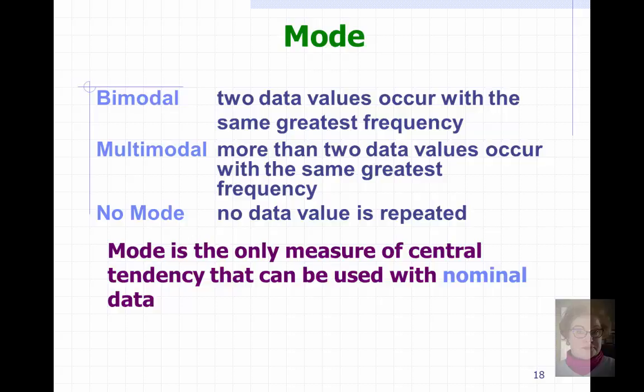The mode is the only measure of central tendency that can be used with nominal data. So if we were looking for eye color, or we were looking at our M&Ms, the color that happened most often is the mode, and that's really the only measure of central tendency that we can use.